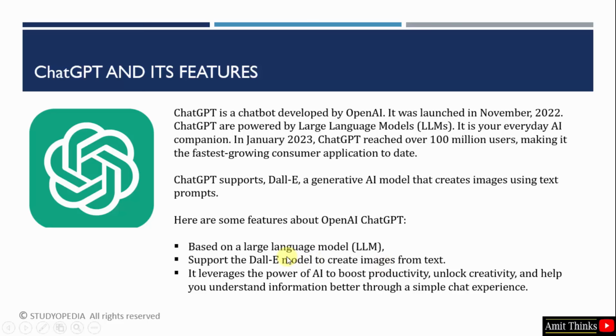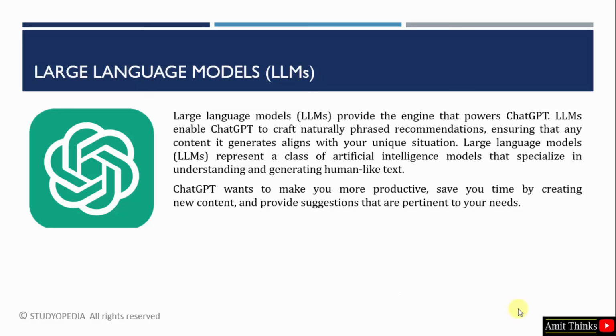Now, before moving further, let us understand what is a large language model. So LLMs, that is large language models, can be considered as an engine that powers ChatGPT. It will allow ChatGPT to craft and create naturally phrased recommendations for the users. If you ask anything from ChatGPT, it will provide you a simple chat experience and will immediately give you a response.